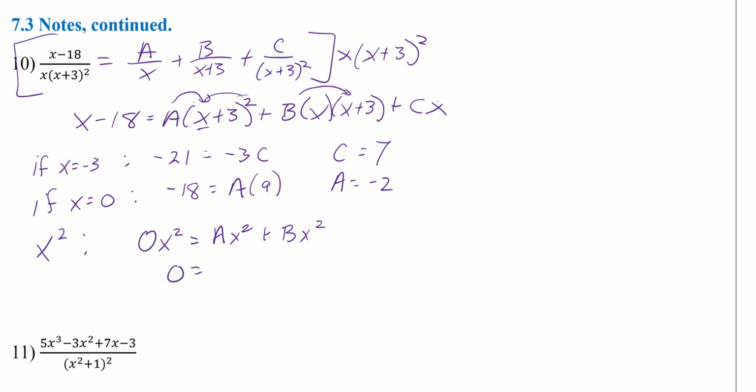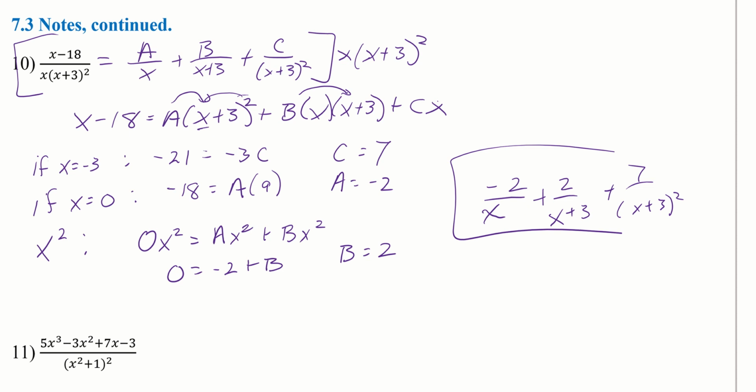Well, I already know what a is, negative 2, so therefore b has to be 2. All right, so our final thing would be negative 2 over x plus 2 over x plus 3, plus c over x plus 3 squared. Ta-da!